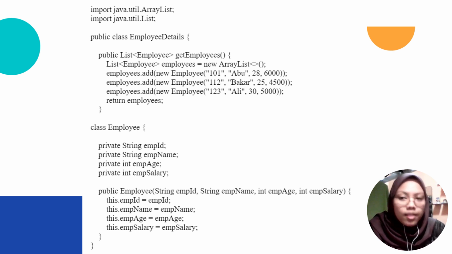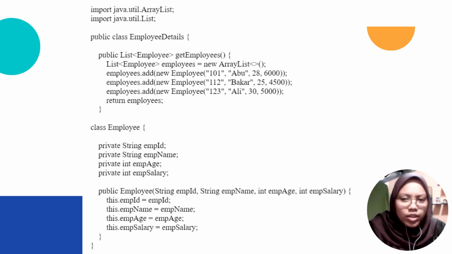So in this example, the getEmployees method creates a list of 3 employee objects and returns it. These employee objects have some sample data such as ID, name, age, and salary, which would typically be retrieved from a database or some other data source in a real-world scenario.